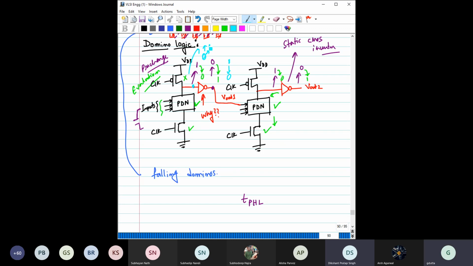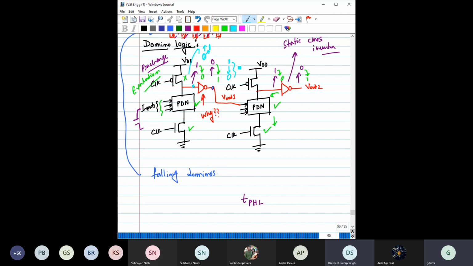No, right? That is the whole funda of dynamic logic. In the evaluation phase, it can only discharge, it cannot charge. So this output can only fall with respect to this input, right?